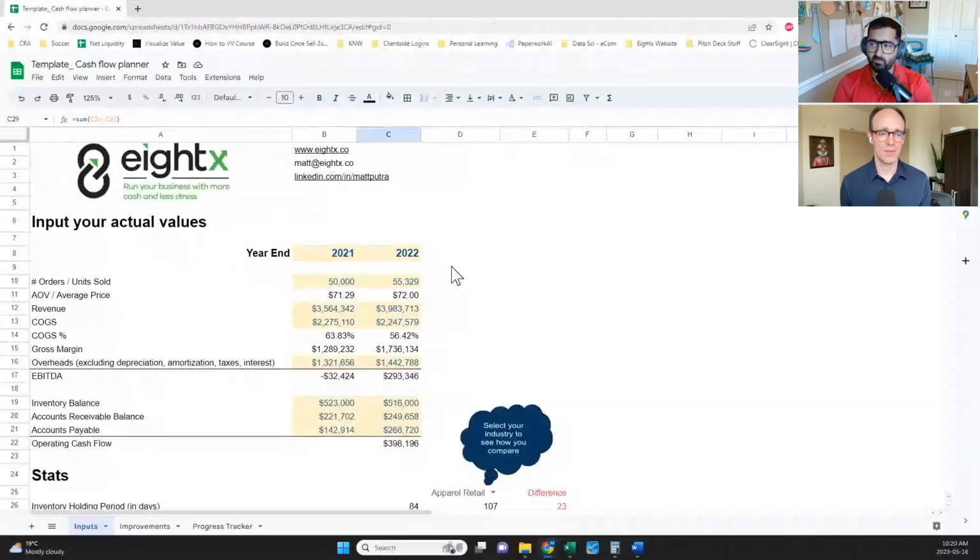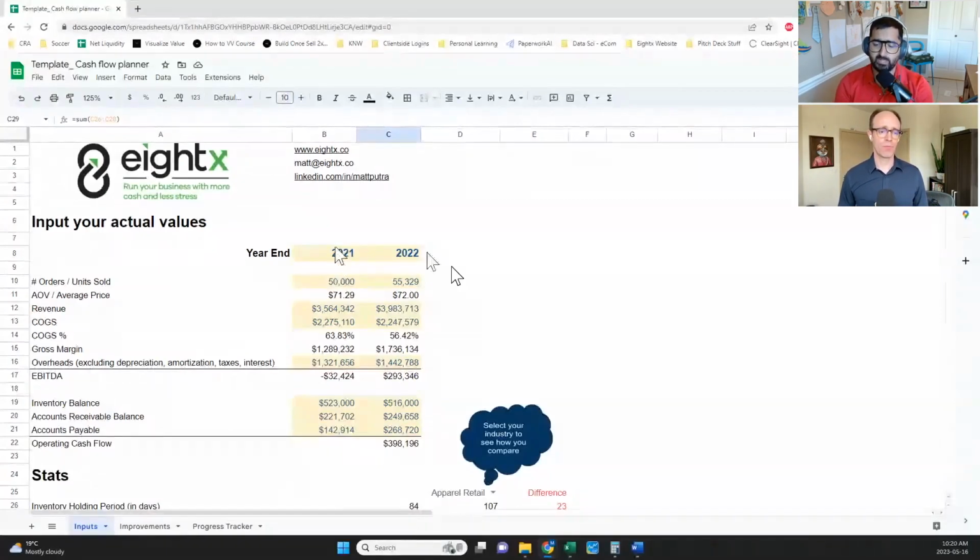What we're seeing right here is a fictional e-commerce brand and their 2 prior fiscal years. What we're trying to do first of all is see the state of things as they are today. For this fictional brand, we have 2021 and 2022 fiscal years. 2021 lost money in terms of EBITDA.